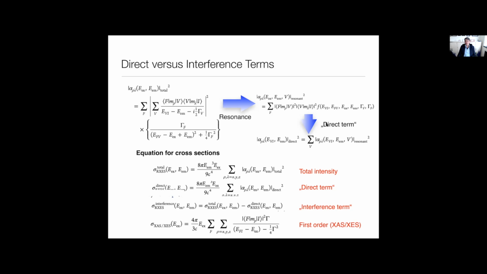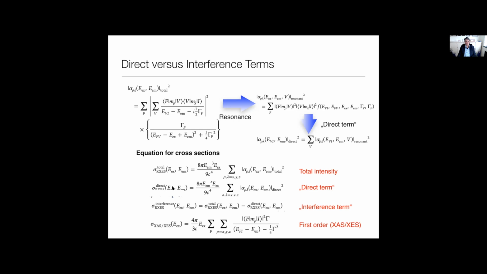We call that the direct term. If you sum the direct term over all intermediate states, that would give you a fair representation of the spectrum. But of course, there is that square outside the summation, and that means if you evaluate it rigorously, there are also terms that come from pairs of intermediate states, and these are called interference terms.